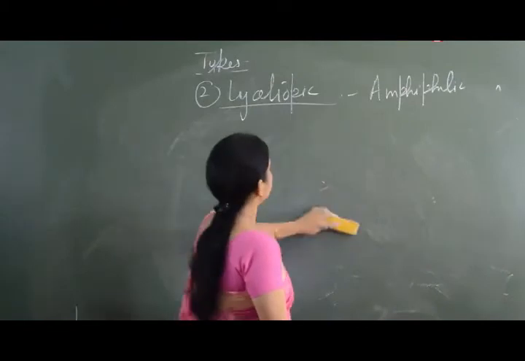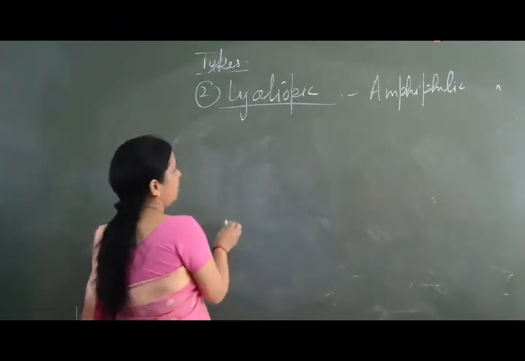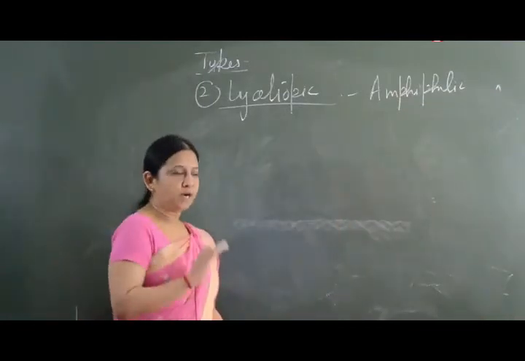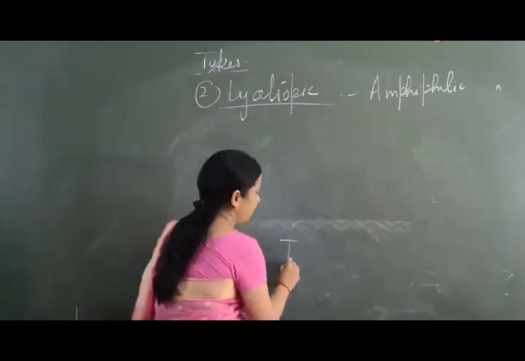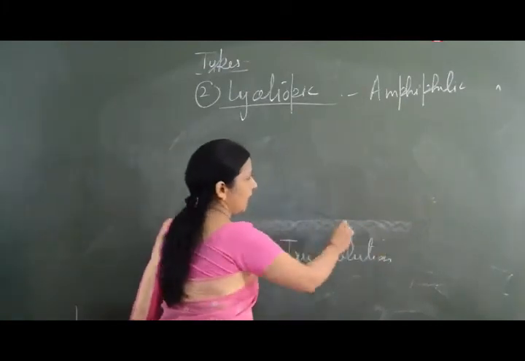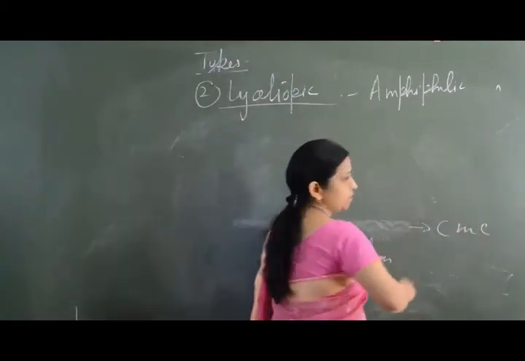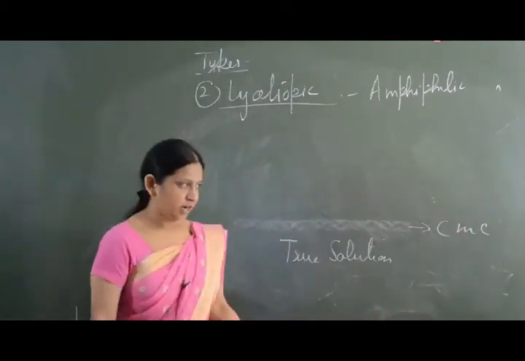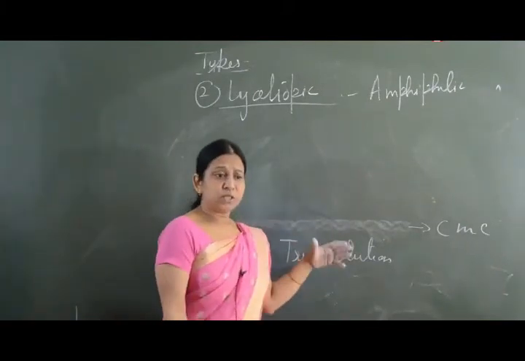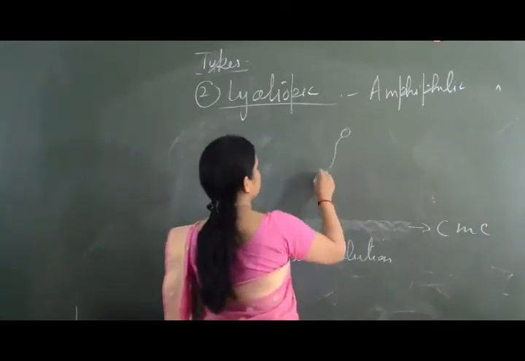Now the substances which behave as lyotropic liquid crystals are certain substances which, below a particular concentration, behave as true solutions. And this concentration is known as CMC, which is critical micelle concentration. Now above this concentration, these solutions form aggregates of molecules, and that is known as a micelle.